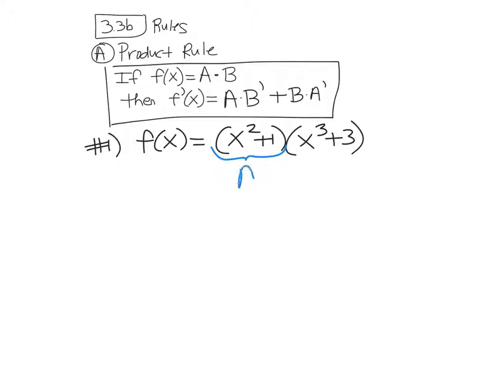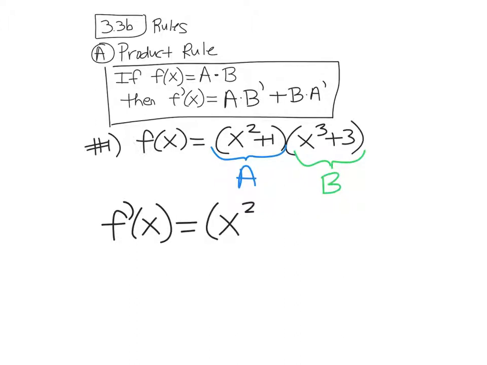This right here is function a, and this over here is function b. So what we want to do is a times b prime. So here we go. Function a doesn't change. It's just x squared plus 1 times b prime. Well, what's the derivative of x cubed plus 3? 3x squared. Perfect.